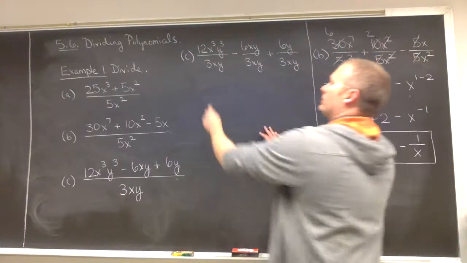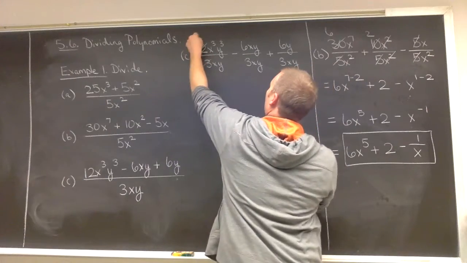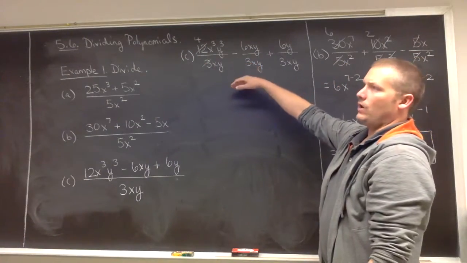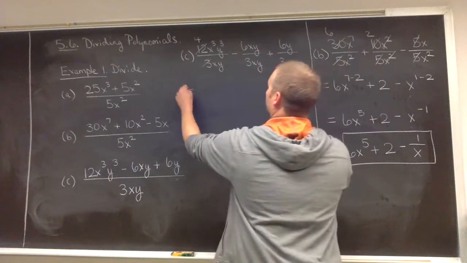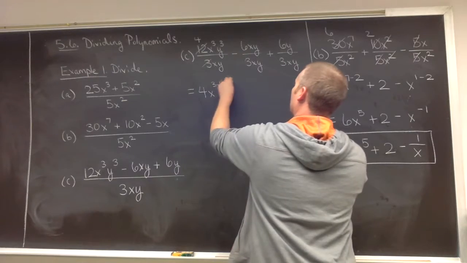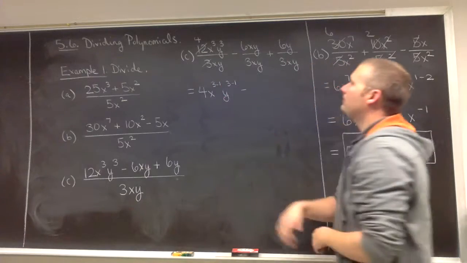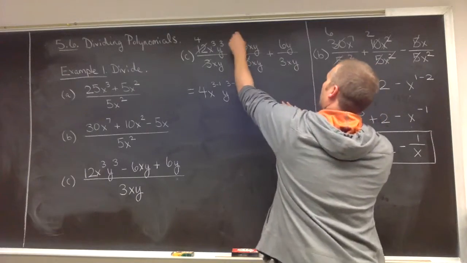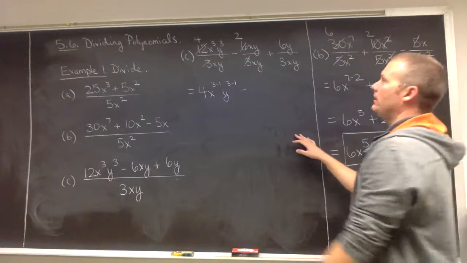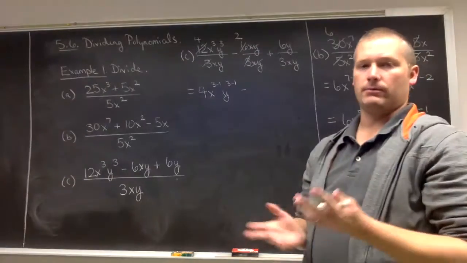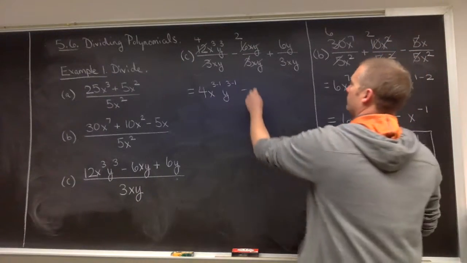Well, 12 over 3 is 4. And to do the exponents on x and y, I'll just subtract top minus bottom. Six and 3 cancel to leave 2. X's and y's are exactly the same on top and bottom, so they cancel totally, leaving 2.